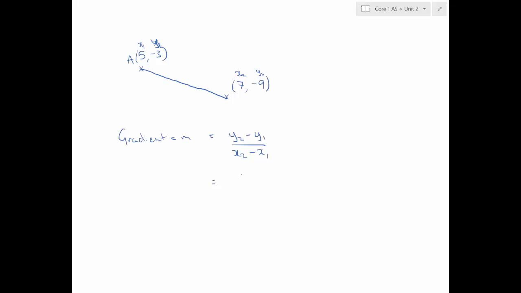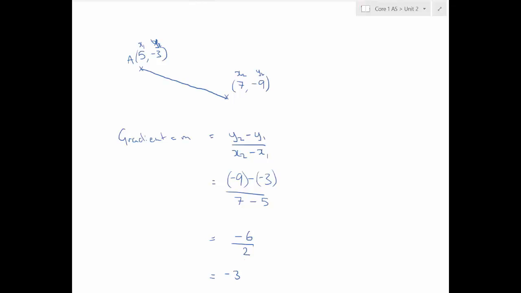Well, if we take the y's, we get minus 9 minus minus 3, and we're going to divide that by x2 minus x1, which is 7 minus 5. So just be careful with your minuses here. You get minus 9 plus 3, which is minus 6. 7 take away 5 is 2, so my gradient here is minus 3 when you simplify that fraction.